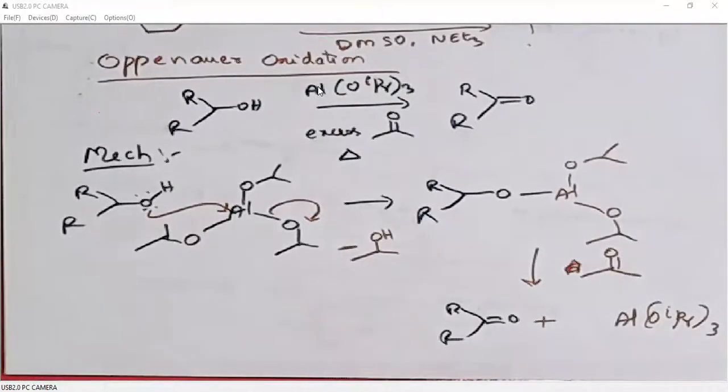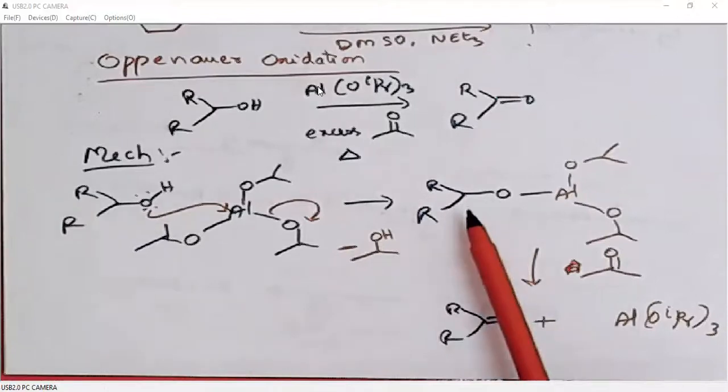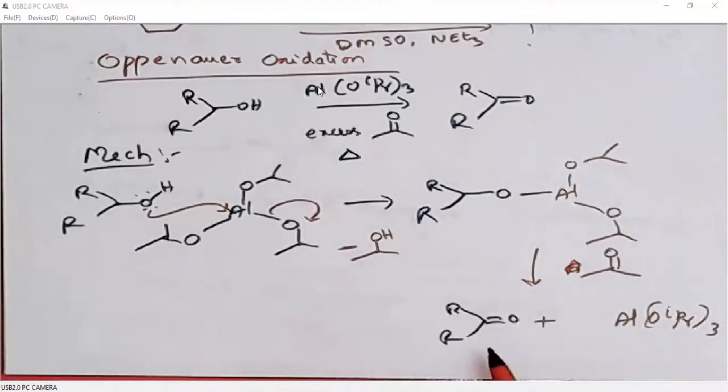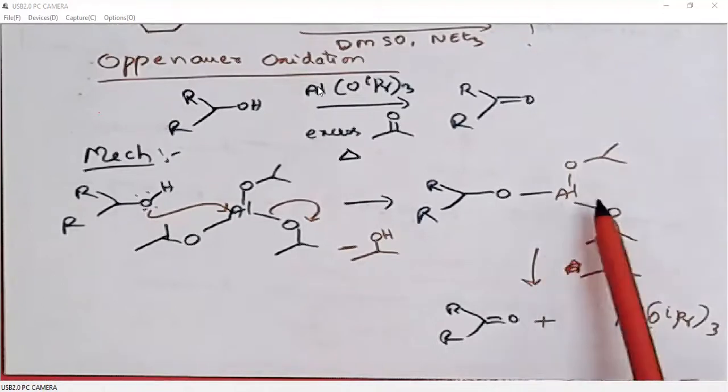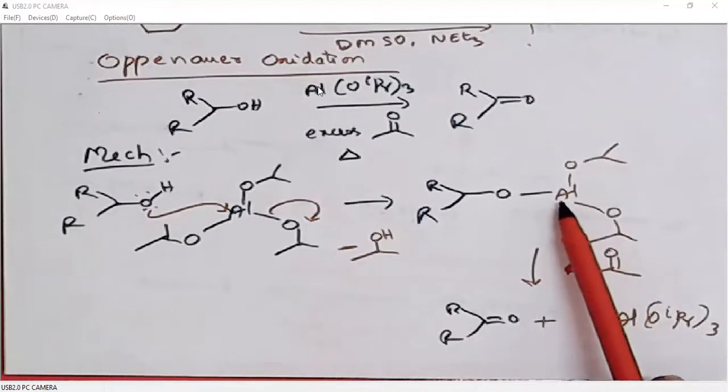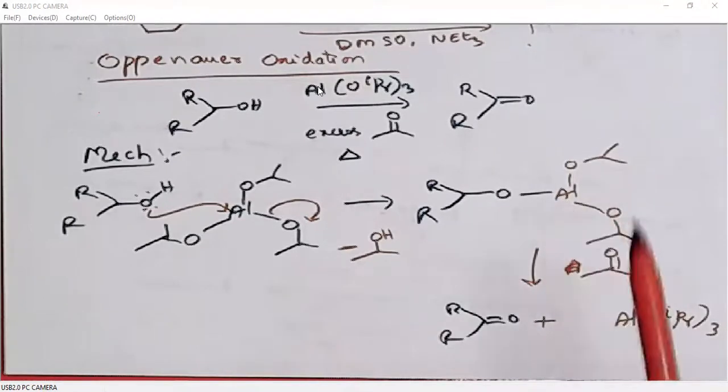This acetone will undergo reduction, so it forms isopropanol. That isopropanol will again form the bond with aluminum, so it regenerates aluminum triisopropoxide.